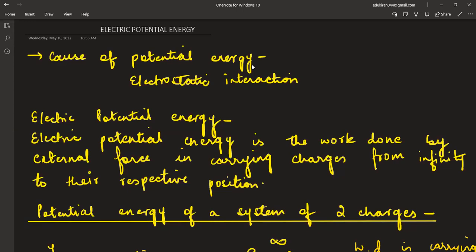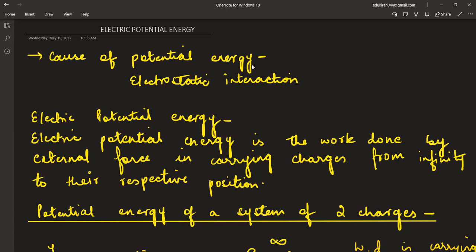Electrostatic interaction. Two charges are present, exerting forces on each other. If a single charge is present alone, with no other charge, then you won't have any potential energy in your system.